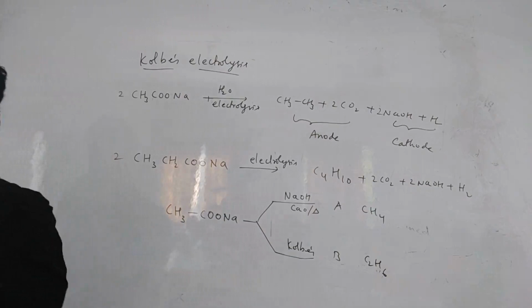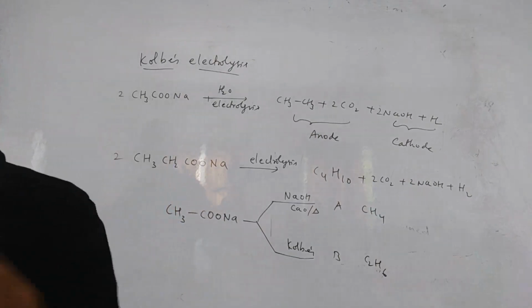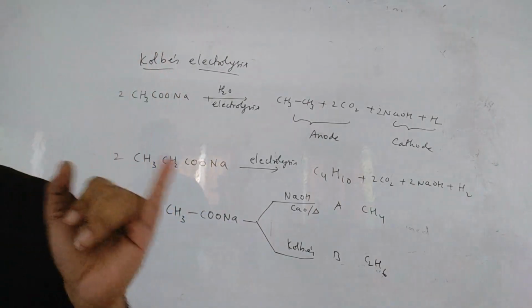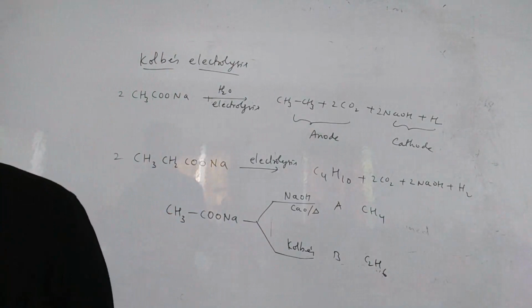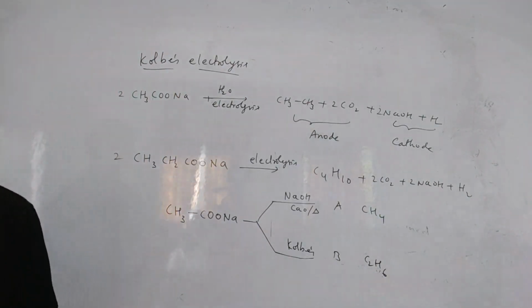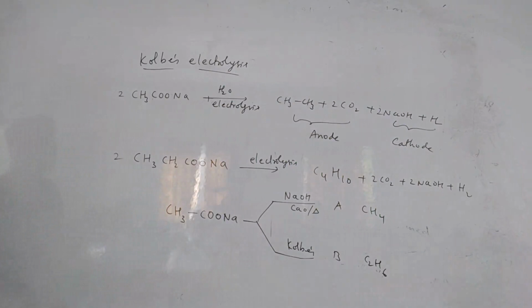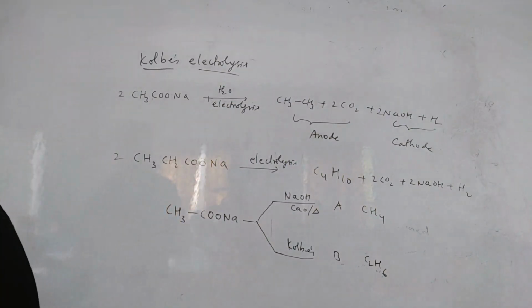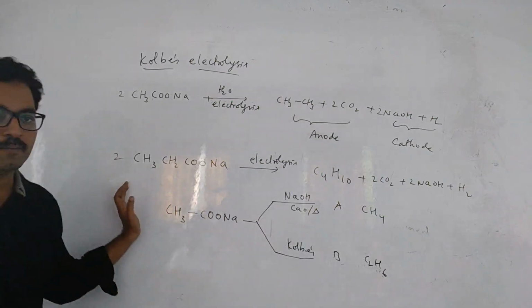Okay now? So till now how many methods have we seen? First is from alkenes and alkynes. Next from alkyl halides, 4 methods. Next, organometallic compounds we have seen, like RMgX and RLi. And this is from acids.